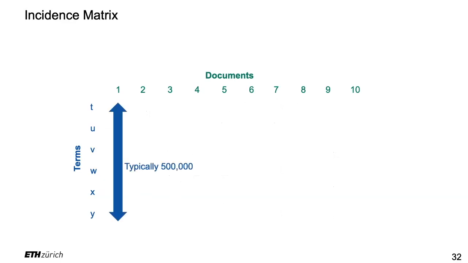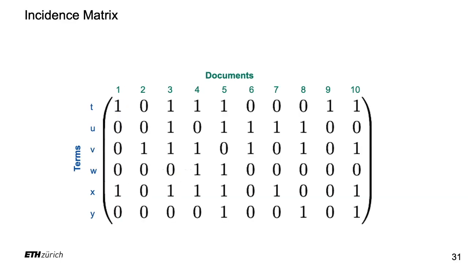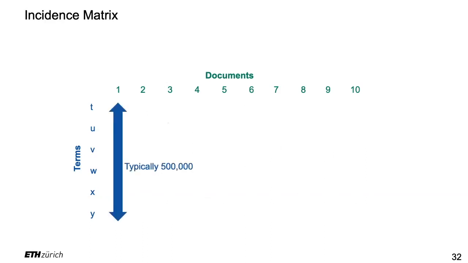Because if you look at the incidence matrix again, on my slide, there's not a lot of room, so I only put 6 terms and 10 documents. But in practice, you don't have 6 terms and 10 documents. In real life, the number of terms you're going to see is more typically like 500,000 terms, if you look at the web or the Library of Congress, right? So 500,000 terms is not unusual.